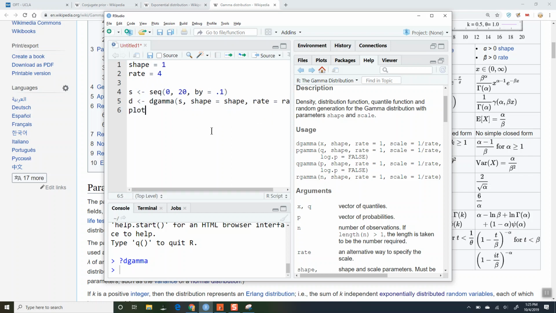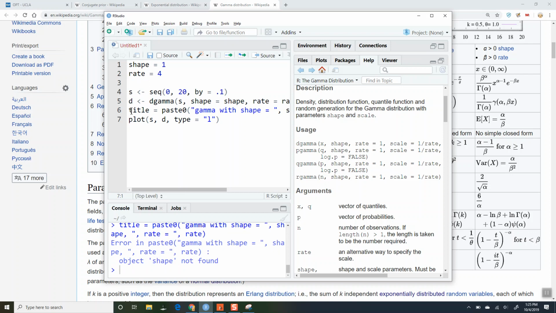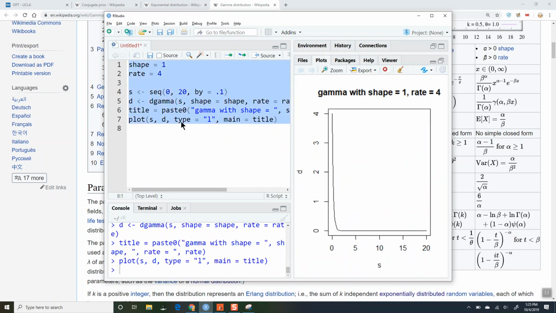All right, and then I'll plot S versus the density, type equals L. Let me call title paste0, gamma with shape equal to shape and rate equal to rate, and main equals title. Oops. All right. So we'll go ahead and try this.